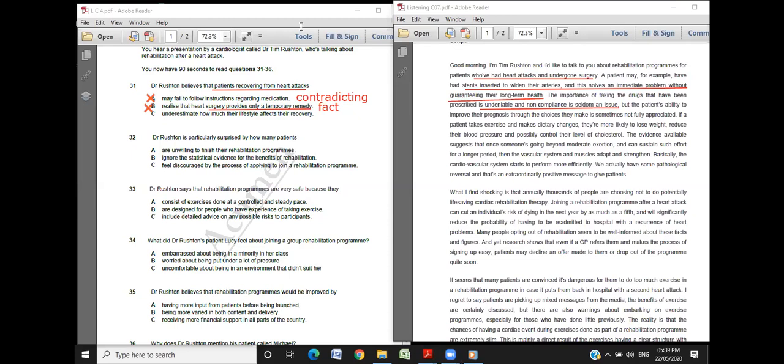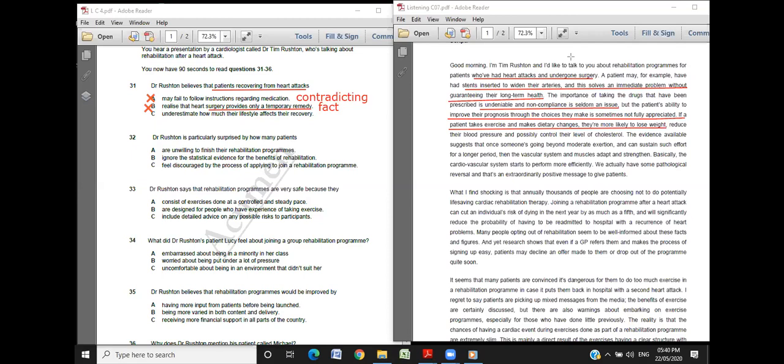Why? Because here you can see he said that in fact doing these exercises helps them, okay, that the patient's ability to improve their prognosis through choices they make. So the choices that they make, okay, they also described it by saying by taking exercises or by making dietary changes.